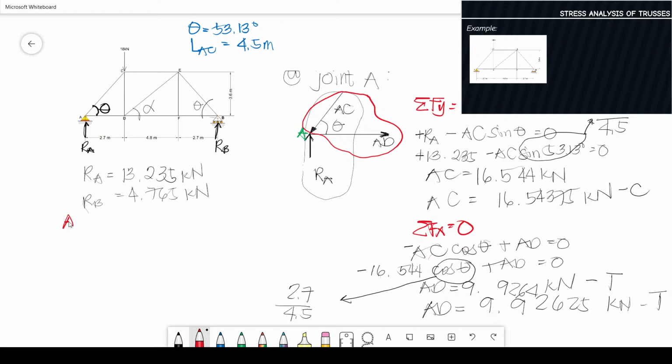So for member AC, that is equal to 16.544 kilonewton compression, and our AD equals to 9.92625 or 9926 tama, kilonewton tension. Okay? So, yun.